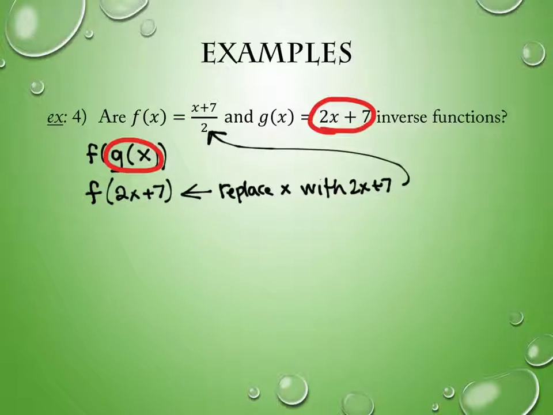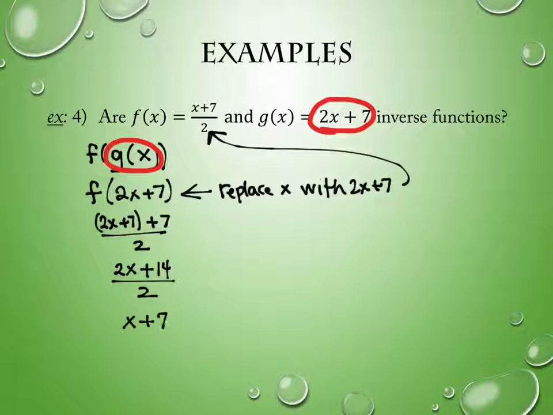So I have 2x plus 7, and then it says plus 7 over 2. And we simplify. What is 2x plus 7 plus 7 on top? 2x plus 14. And what would 2x plus 14 divided by 2 be? x plus 7.